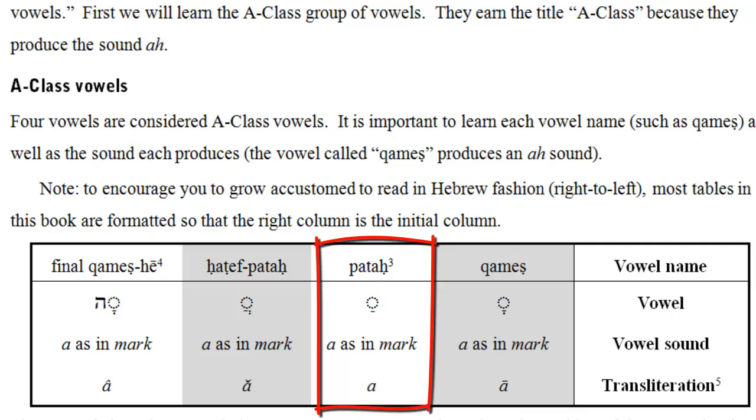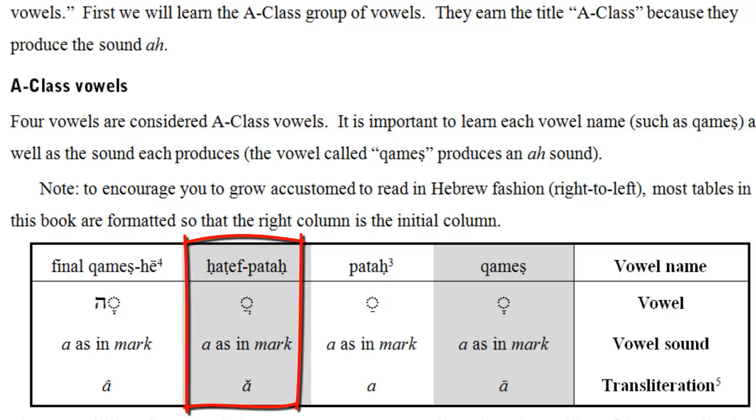Please read the footnote for some suggestions on how to pronounce this letter H. The vowel name, once again, that we're concentrating on here is called patach. The symbol you see is a simple horizontal line appearing below the consonant. Just as kametz, it is pronounced ah as in mark.